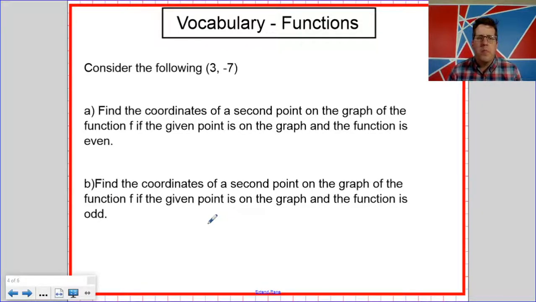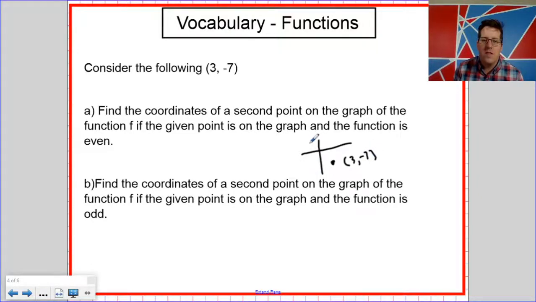So, some quick brain teasers. Consider the following. The point 3, -7. Find the coordinates of a second point on the graph of the function f if the given point is on the graph and the function is even. So, let's draw ourselves a graph, and let's place 3, -7.